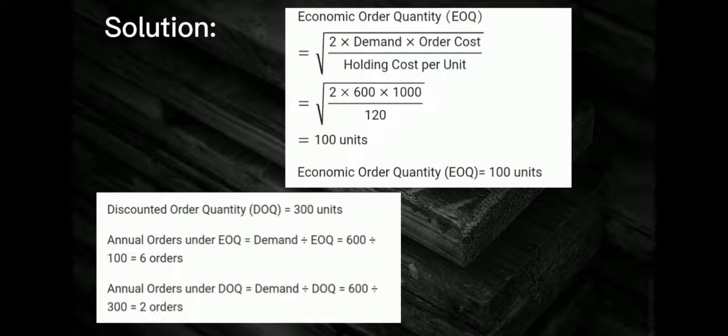In order to calculate the annual orders under economic order quantity, we divide demand by the EOQ. So it is 600 divided by 100, which is equal to 6 orders. Annual orders under DOQ is demand divided by DOQ, which is 600 divided by 300, equal to 2 orders.